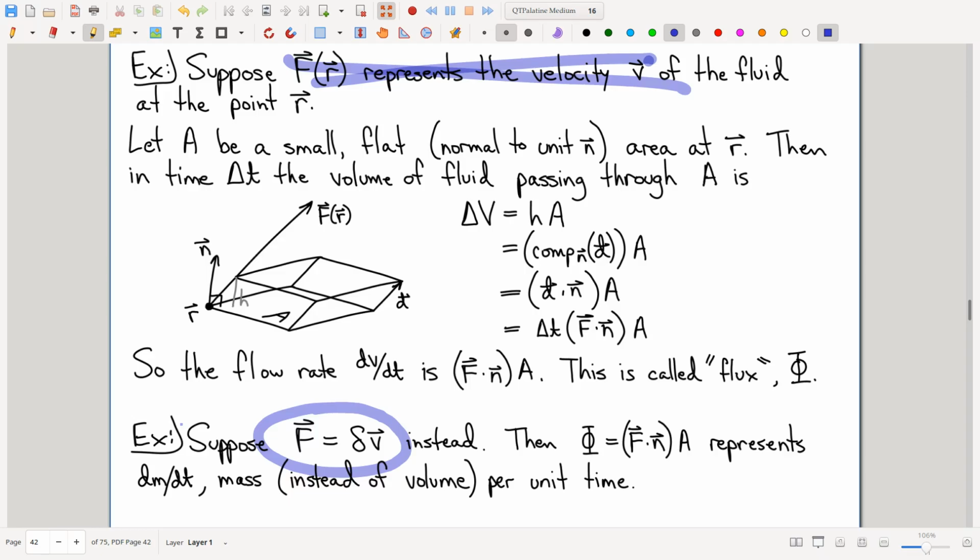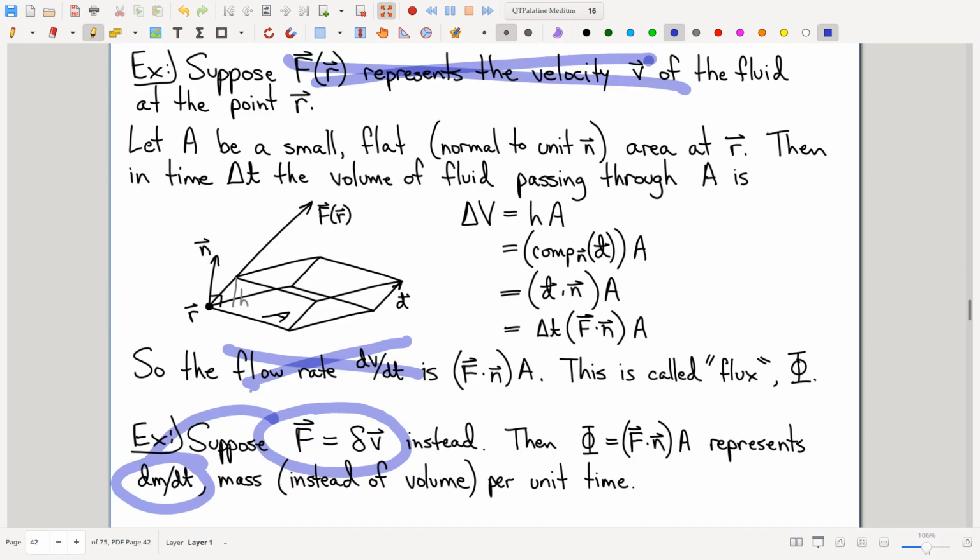Let's suppose that instead of looking for volume per unit time, you're interested in quantity per unit time. I wrote here mass per unit time, because we usually think of density as being mass per unit volume. But sometimes maybe you're not looking at a fluid. Maybe you're looking at birds, and you typically aren't interested in the mass of birds.